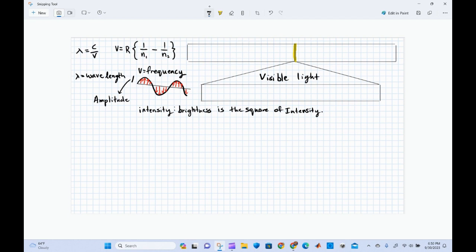So we're going to go radio over here. We're going to do gamma ray over here. So let's start with red, which is here at about 700. Next is orange. Do I have enough space for this actually? I never considered the space being a problem, but it's 700.